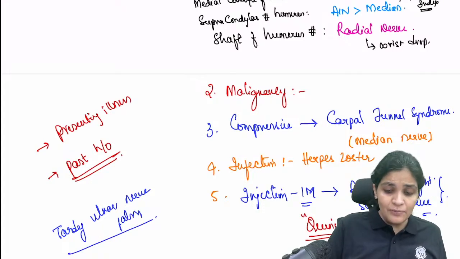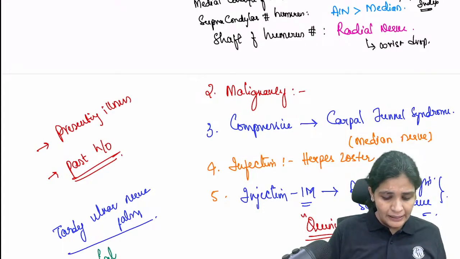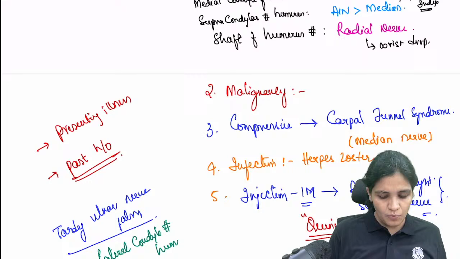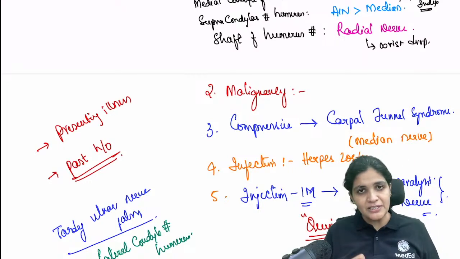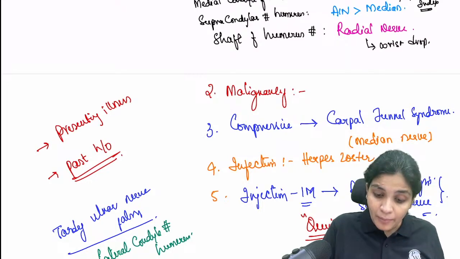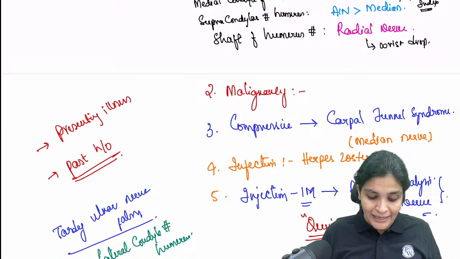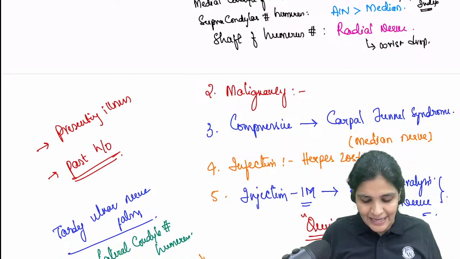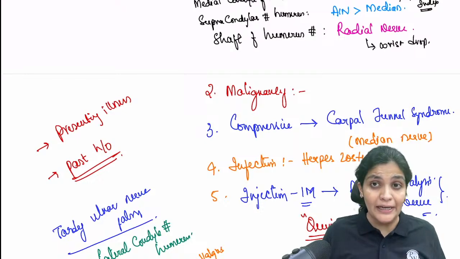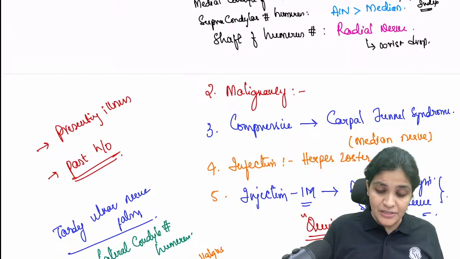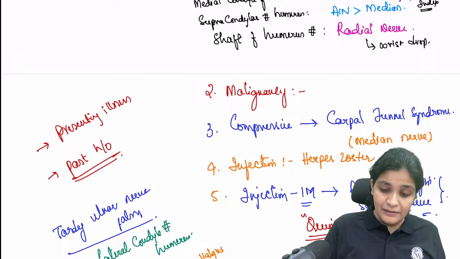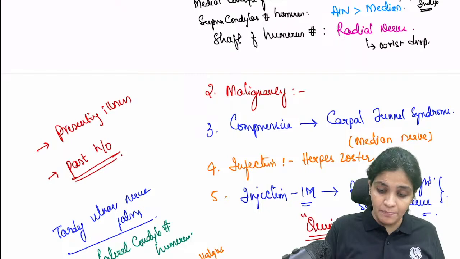You see it in the lateral condyle fracture of humerus, right? So what happens in lateral condyle fracture humerus? It results in a deformity called cubitus valgus, and because of this valgus deformity there will be a stretch on the ulnar nerve, and that results in your tardy ulnar nerve palsy.